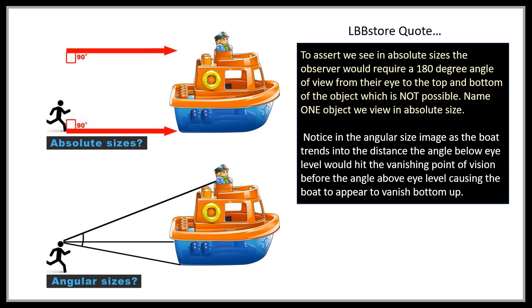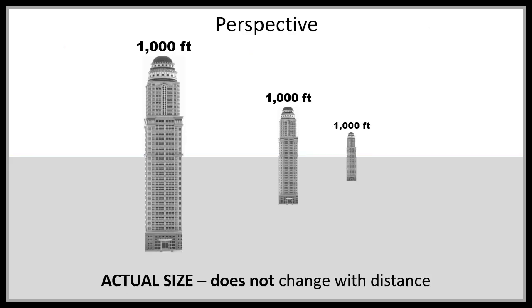But what we do is, when we talk about an object, we do talk about its absolute size. That is a big difference. We use actual size because not only does it not change with distance, but now we have an understanding of how big or small that object is compared to other things. We all understand that things appear to get smaller in the distance. We see this every day.